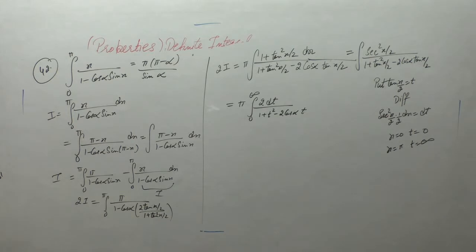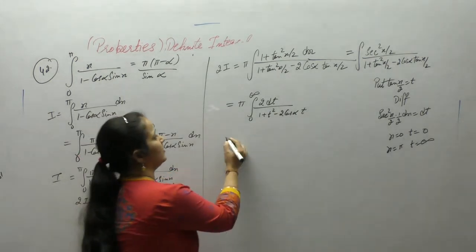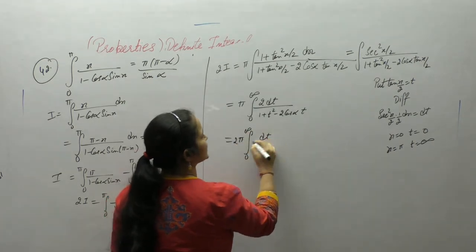Now add and subtract. The coefficient of t square is 1 and the coefficient of t is 2 cos alpha. So add and subtract cos square alpha.